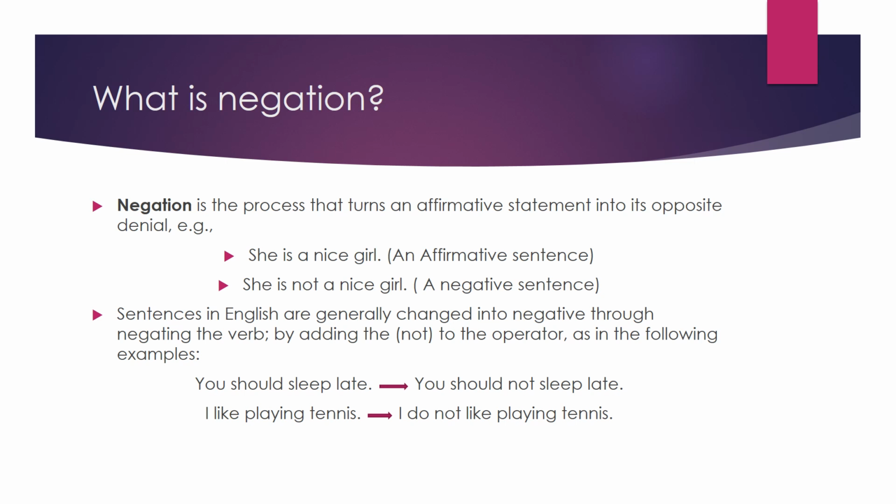The suitable one to be chosen here is do, because the tense of the sentence is present simple and the subject is I, so the suitable operator here is do. So we add do here, and once we have do, we can add the not. So the sentence in the negative becomes I do not like playing tennis.